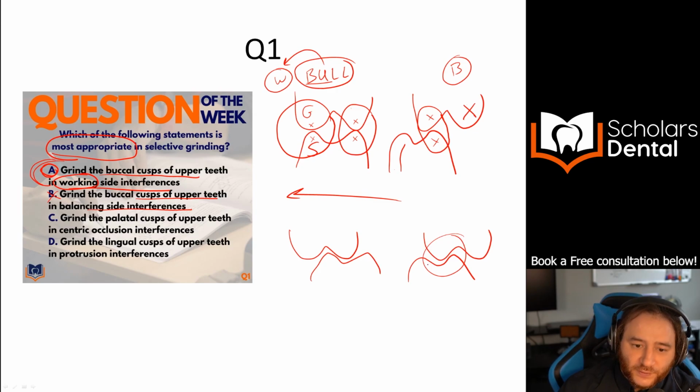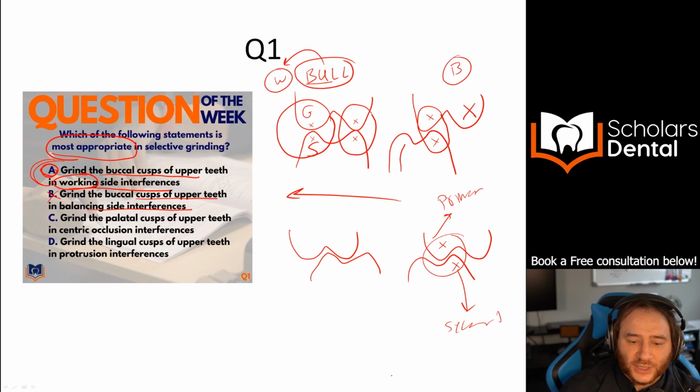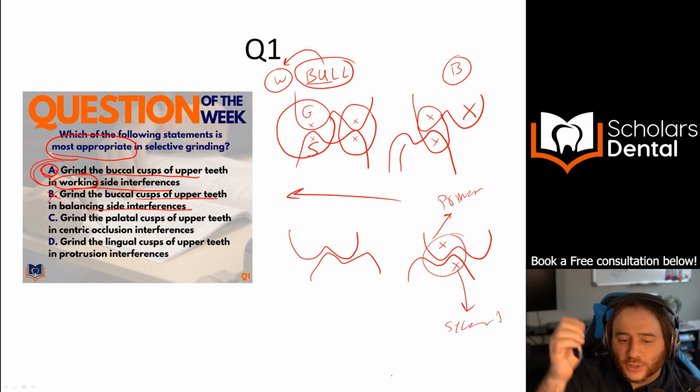Even if there's an interference between the upper palatal and the lower buccal, which are two supporting cusps, I prefer grinding the lower buccal over the upper palatal. The upper palatal is called a primary supporting cusp, and this is called a secondary supporting cusp. So you prioritize grinding the secondary supporting cusp first if you have to choose between the upper palatal and the lower buccal.